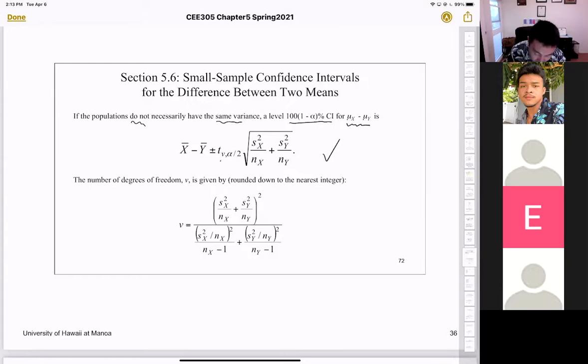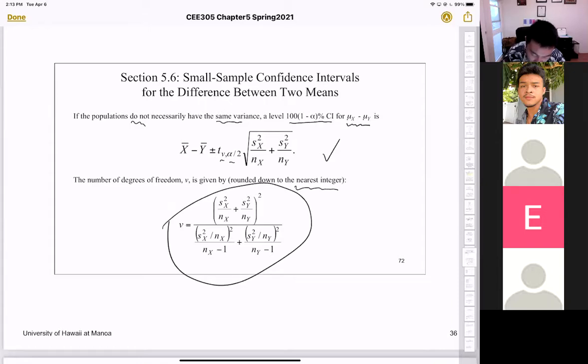The equation for the degree of freedom is here. V, the number of degrees of freedom, is given by this equation. If this equation gives you a non-integer, you should round it to the nearest integer. Half alpha is the same.